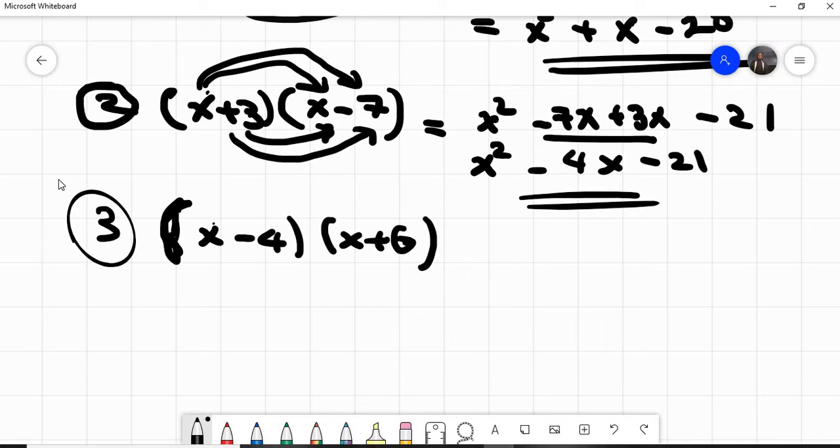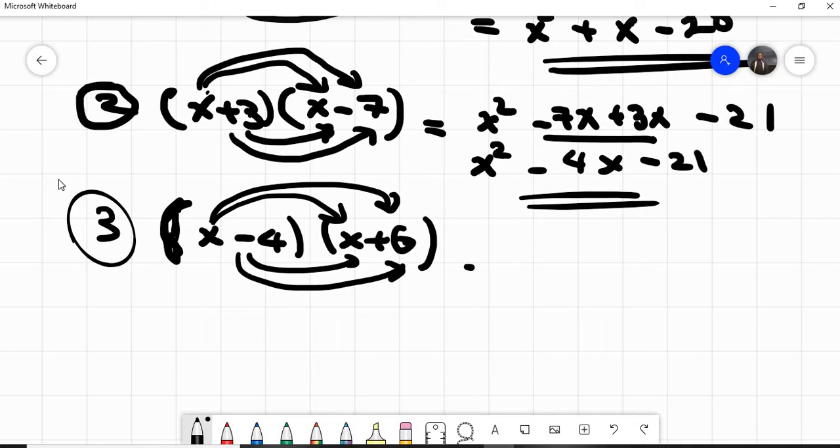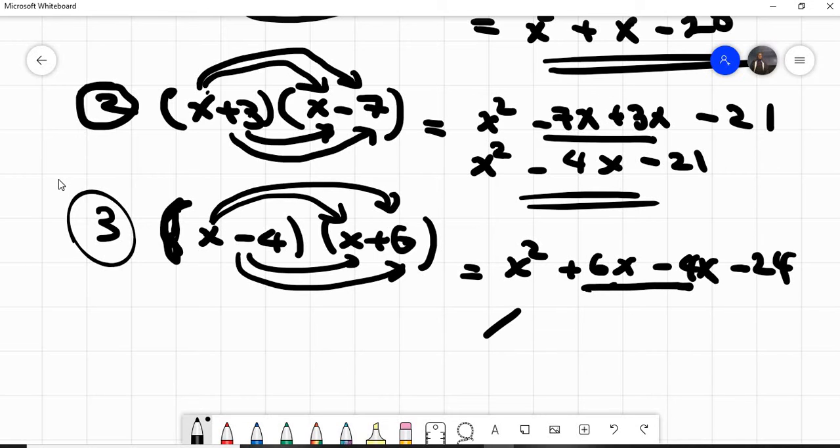We do what we were doing: this times that, and this to that, and negative 4 to 6. x times x is x squared, and then x times plus 6 is plus 6x. Negative 4 times x is negative 4x, and then negative 4 times plus 6 is negative 24. These two we subtract because they have different signs. 6 minus 4 is 2, so plus 2x minus 24.